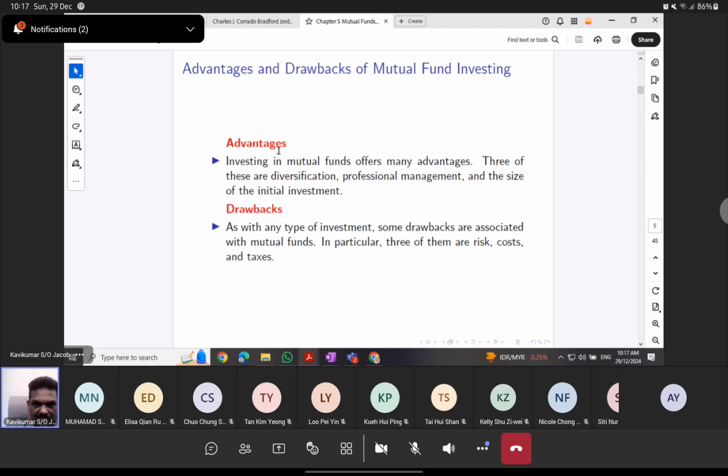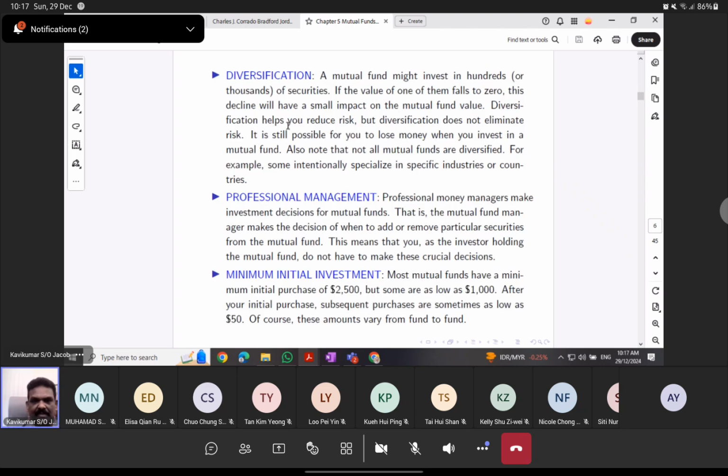So now we'll see what the advantages are. Three advantages: diversification, professional management, and size of the initial investment. So what is diversification? A mutual fund might invest in hundreds or thousands of securities. If the value of one of them falls to zero, this decline will have a small impact on the mutual fund's value.